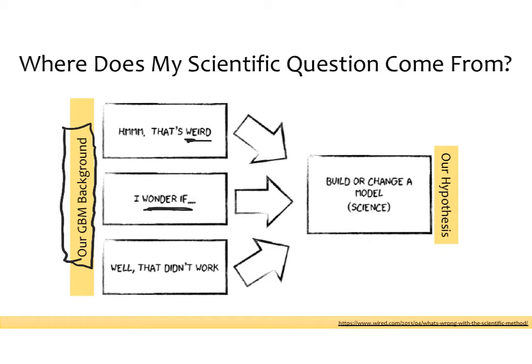Or maybe it's that I did some experiment and my experiment just completely did not work. And all of these things together, plus any other observations you make or things you learn about from papers, from classes, from your own research, all of those can lead to a question that you think is interesting and a hypothesis that you would like to test. So a more plastic and simple way to think about it is anything that you think is weird or interesting or notable can easily be turned into a question, a hypothesis.